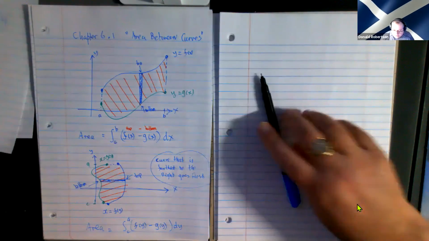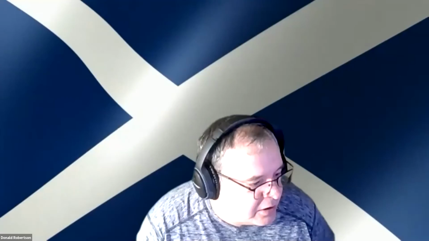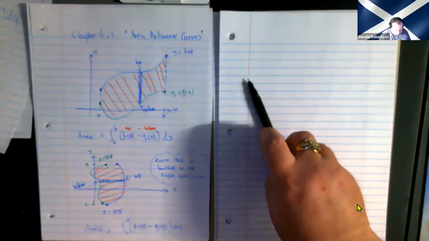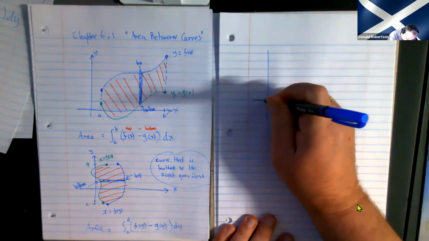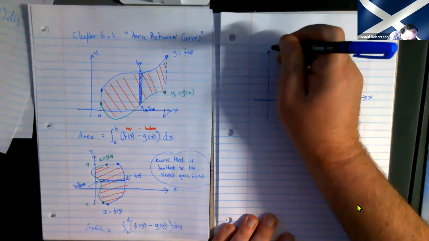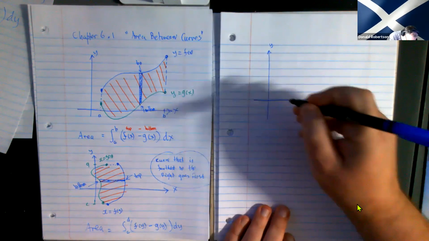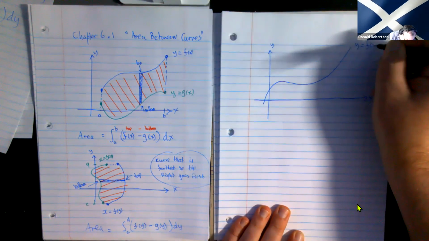Now, there's just one last thing that we need to do to kind of cover every permutation. And it's this fella here. We're still going to find the area between two curves. This is y equals f of x.